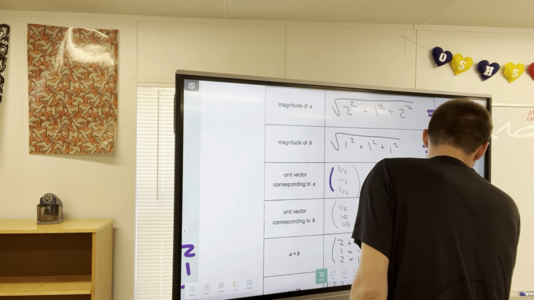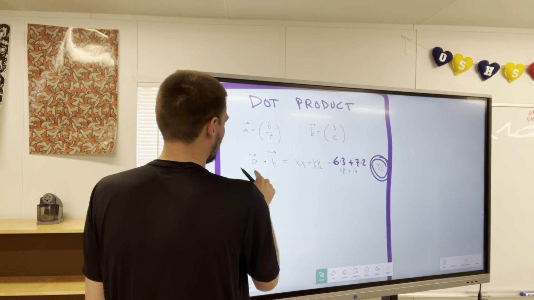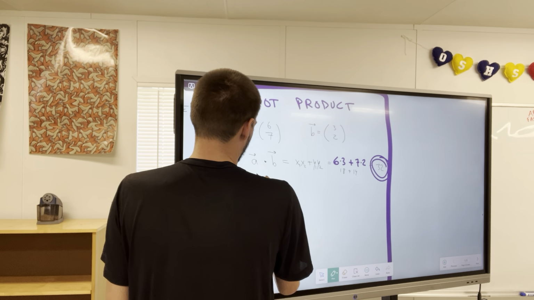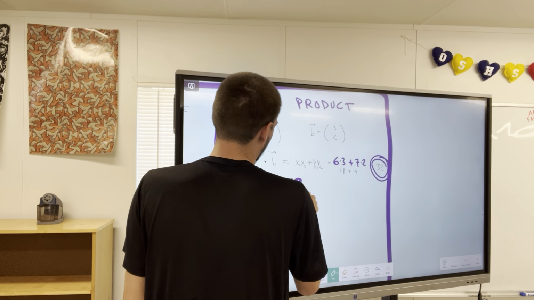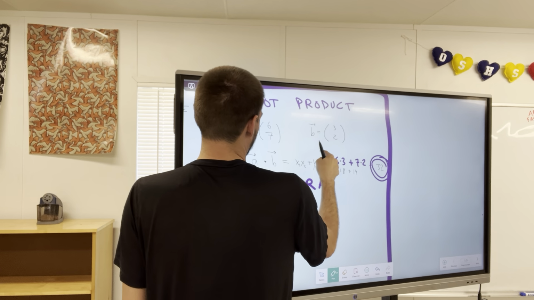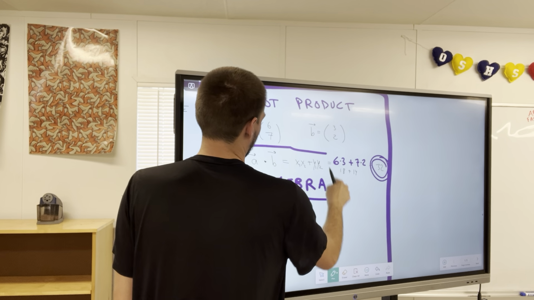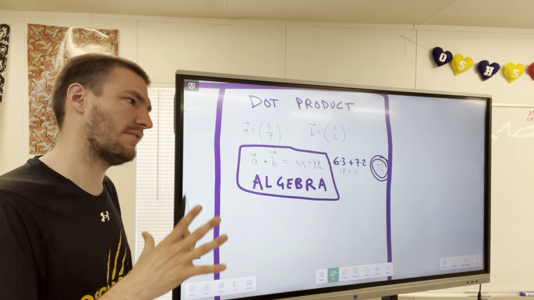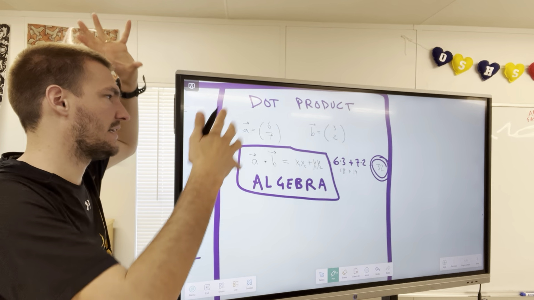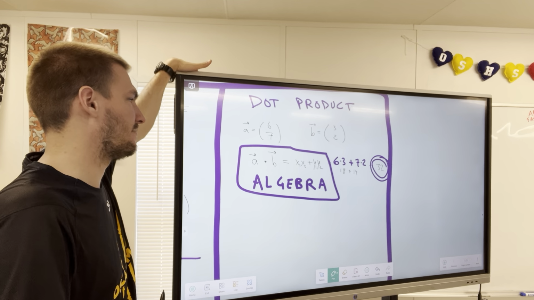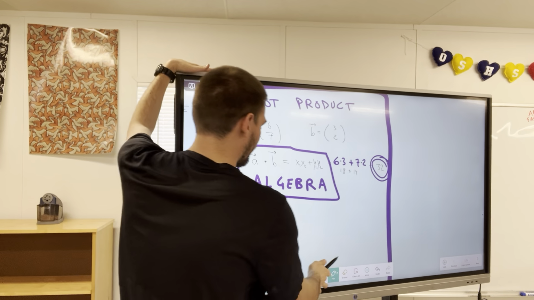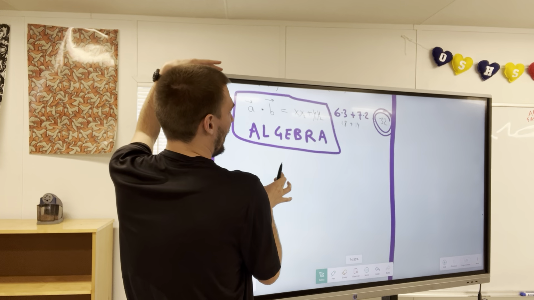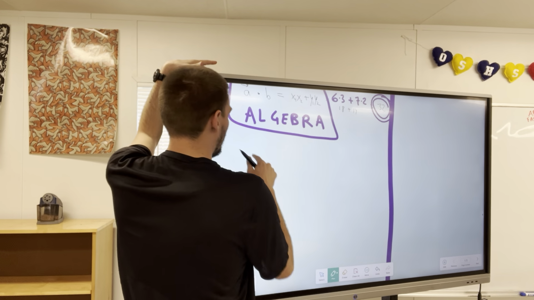So, going back to dot product, this right here is the algebra formula, where we have those nice xy coordinates, even though they're not really coordinates, they're x on top of y to represent the vectors. But that is the algebra formula. And we're going to get a geometric formula as well.